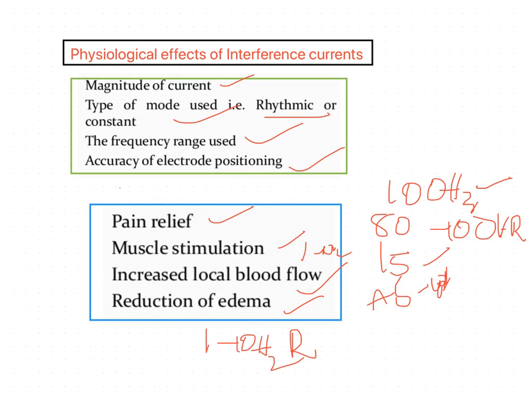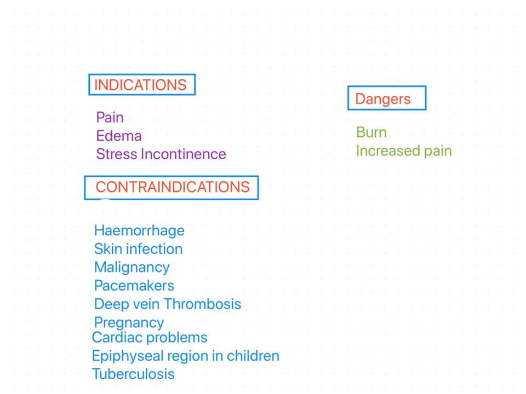So these are all the physiological effects of the interference currents. And next we'll move on to the indications, contraindications and dangers of the interferential therapy. So indications, the main indication is pain.